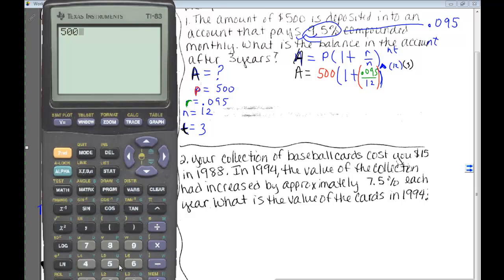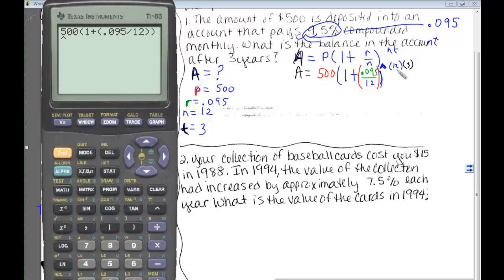So we have 500 times 1 plus, this is where the parentheses come in. All fractions are wrapped in parentheses when you use a calculator. Divided by 12. Now I have this parentheses closed off, but I still need to close this one off. So this is the double parentheses.